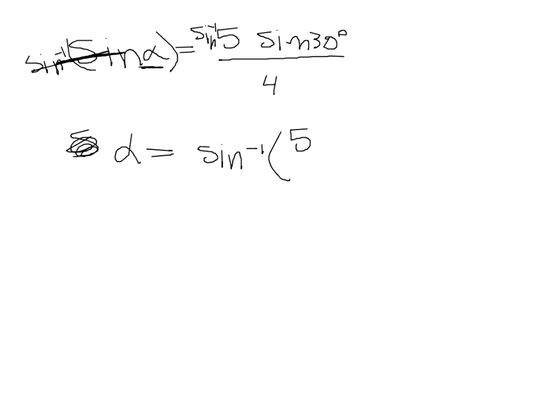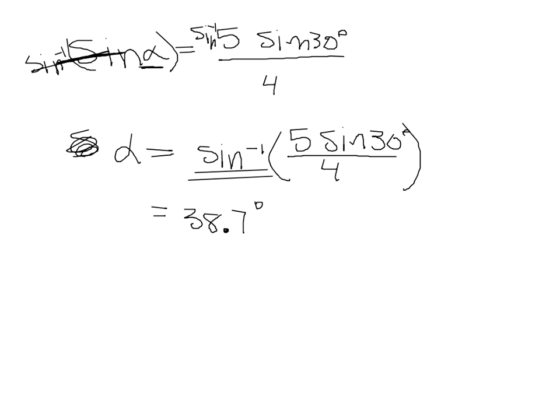And I get inverse sine of 5 times sine 30 over 4. And so that is 38.7 degrees. So alpha is 38.7.